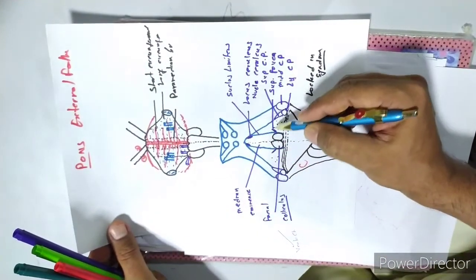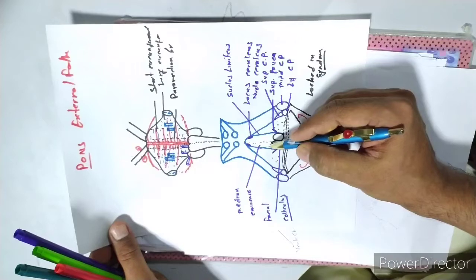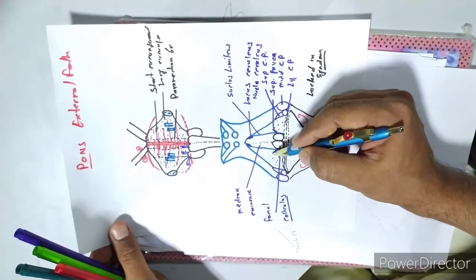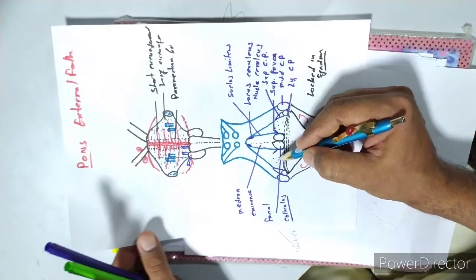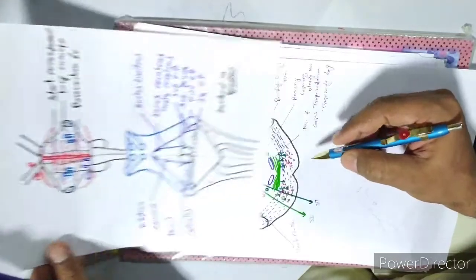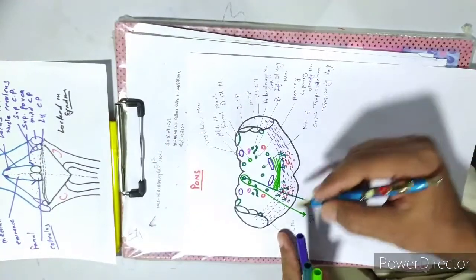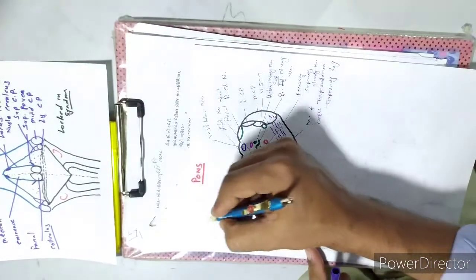This is the vestibular area, lateral to the sulcus limitans and lateral to the median eminence. In this area the vestibular nuclei are present, and they are four in number. Actually, they are present in two rows.